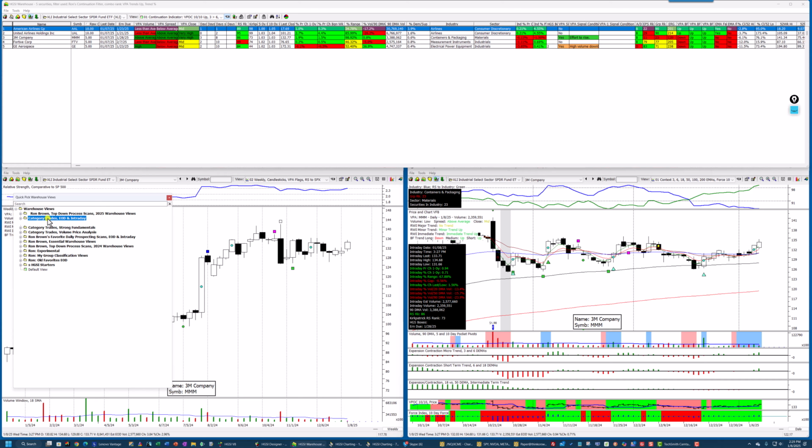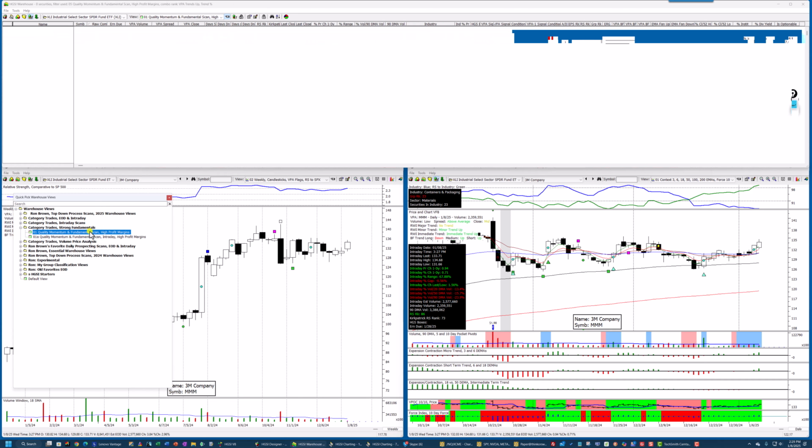Here's strong fundamentals and volume price analysis. This is where I am so far. These are going to change. Let's just do this one quickly, see if there's anything. Nothing passes the criteria in the XLI that meets my quality, momentum, and fundamental scan.